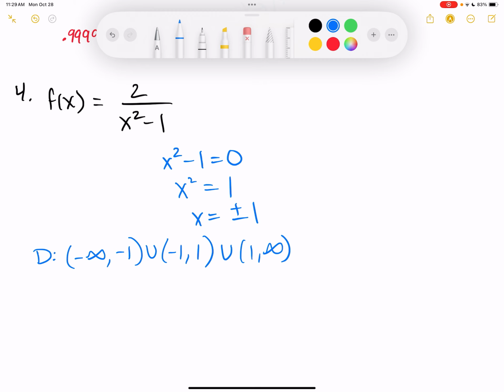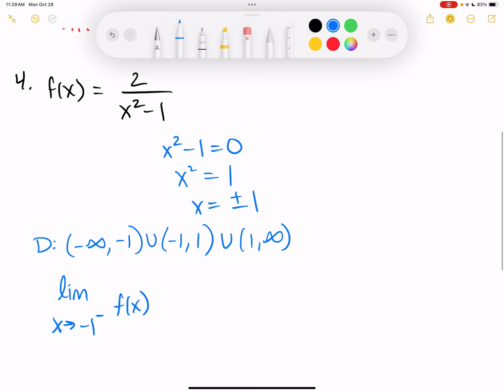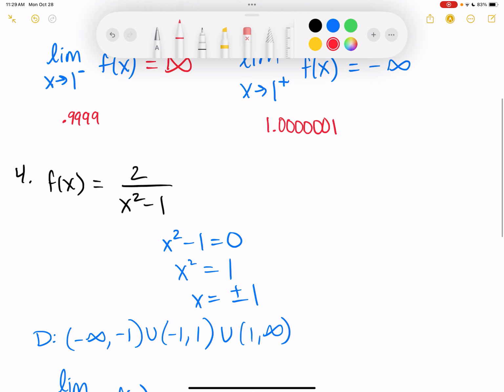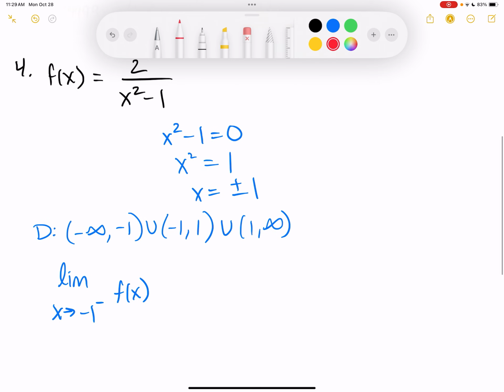So my limits, the limit as x approaches negative 1 from the left of f of x. Notice a number like that is going to be something more like, because it's a negative number, negative 1.00001 or something like that, because that's on the left side of negative 1.